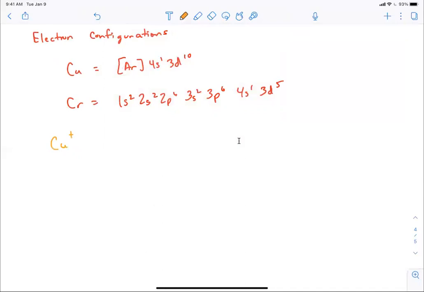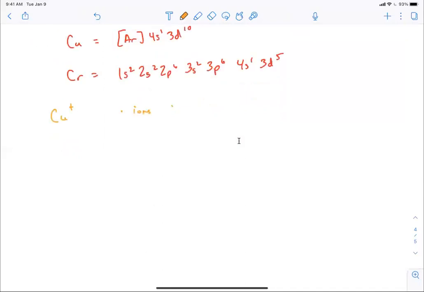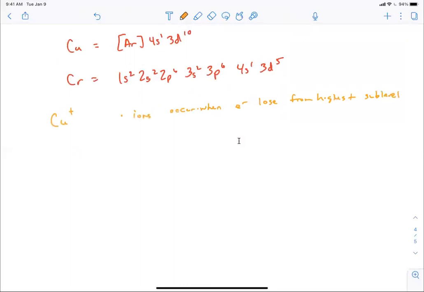And so what do you need to know to be able to do this? You'd have to know, one, ions occur when electrons are lost from the highest sublevel. Not the last one you put in, the highest sublevel, okay?